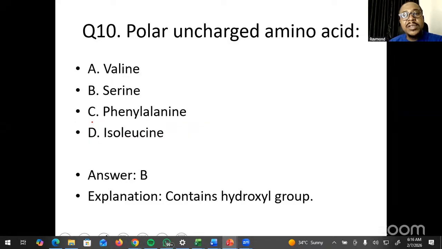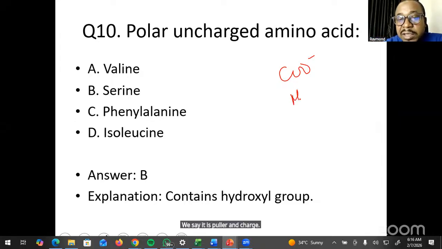Now, polar uncharged amino acid, polar but uncharged. If it has COO minus on the R group, we say it is polar and charged. If we have NH3 plus on the R group, we say it is polar and charged.